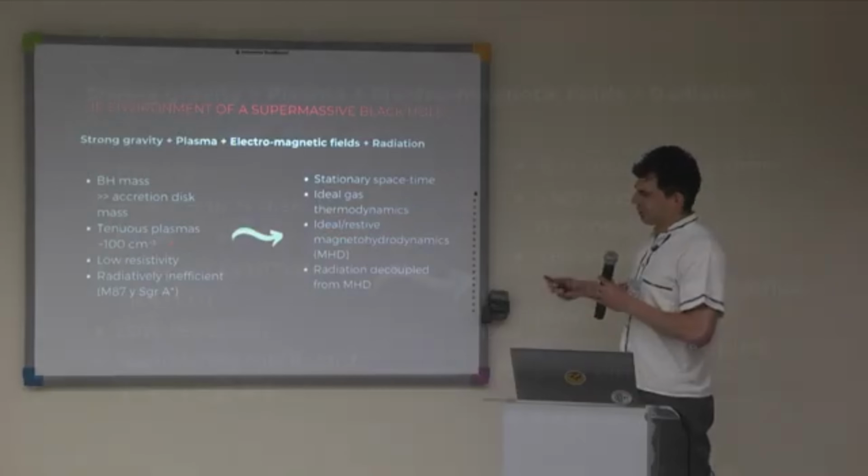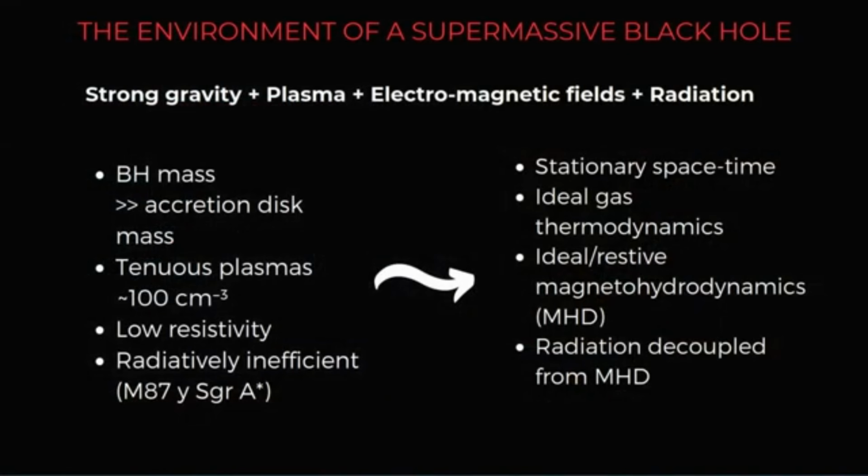So for the conditions that we have in Sagittarius A star and M87, it is mostly ideal magnetohydrodynamics. So plasmas are expected to be very, very conducting. And finally, we can also make estimations on the time scale that these plasmas will take to cool down via the emission of radiation.